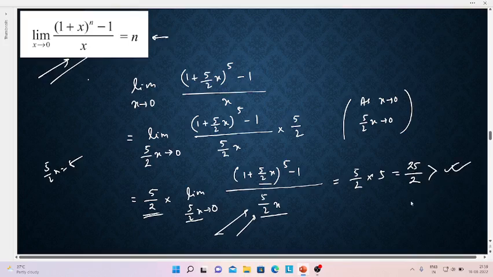You understood that particular example, right? How we can solve this question. In the upcoming videos, we will learn about trigonometric limits, and after that we will solve lots of questions related to trigonometric limits.